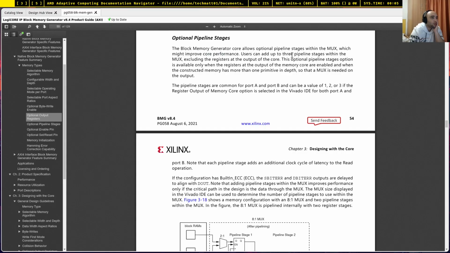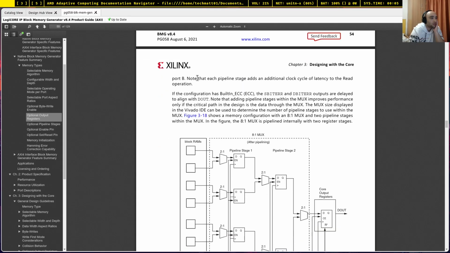Users can add up to 3 pipeline stages within the MUX, excluding the registers at the output of the core. Each pipeline stage adds an additional clock cycle of latency.